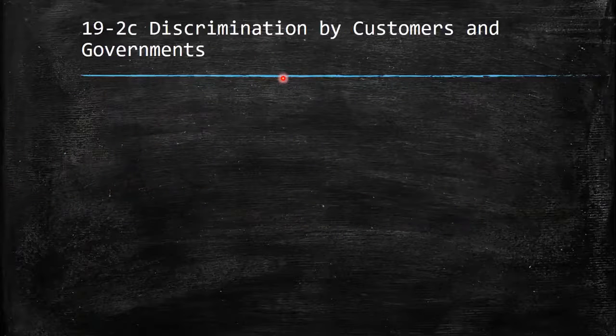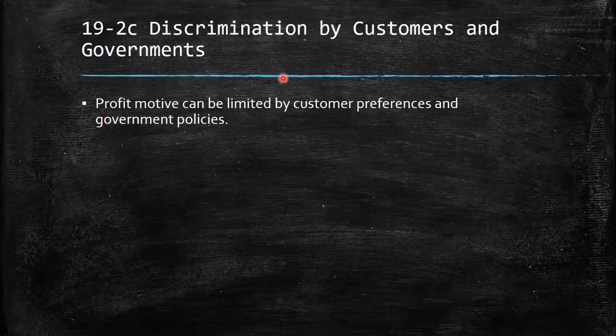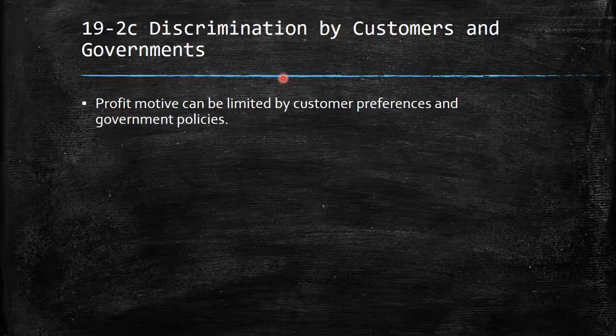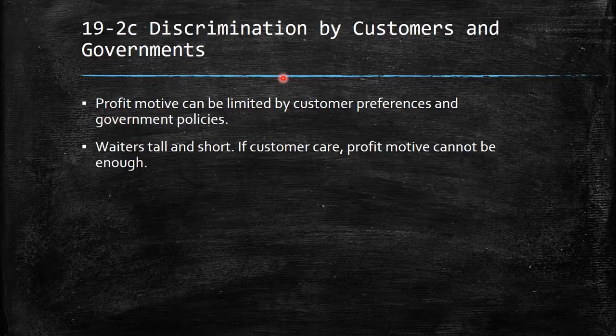Then discrimination by consumers and governments. So the profit motive can sometimes be limited by customer preferences and government policies. For example, you can hire waiters that are tall or waiters that are short. If customers really prefer tall waiters, there should be a wage difference between tall and short waiters.